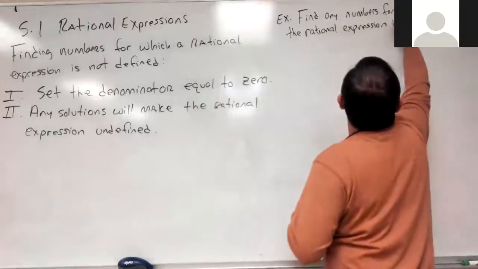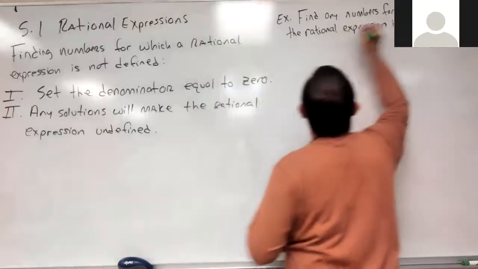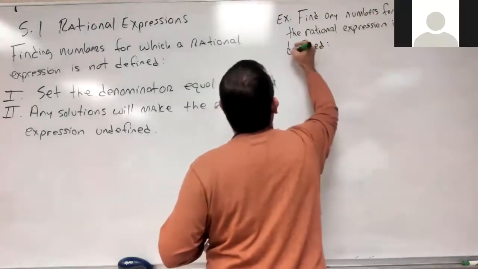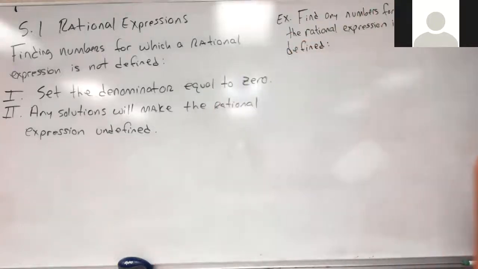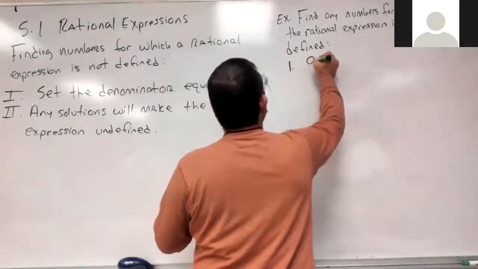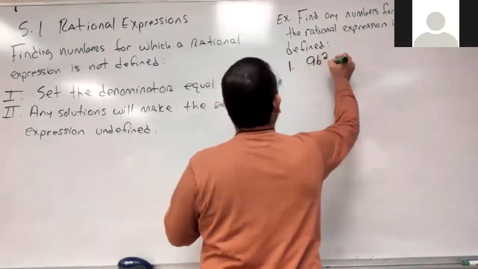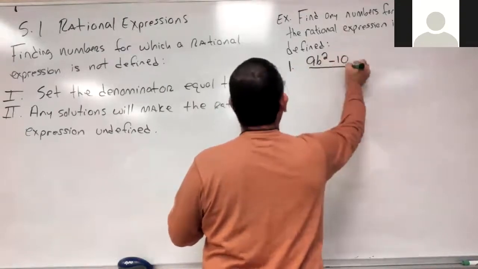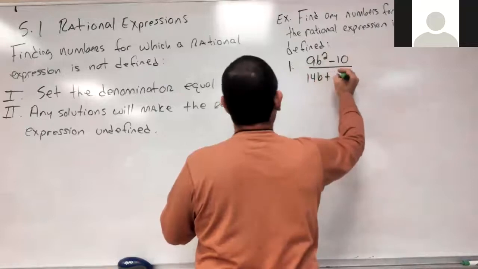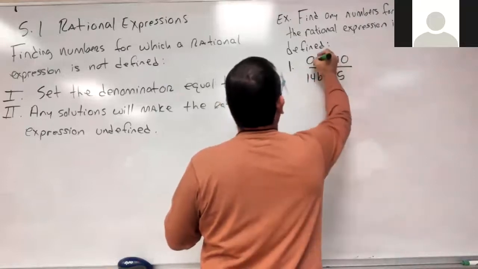All right, so we're going to start out on number 1, 9b squared minus 10 all over 14b plus 15.